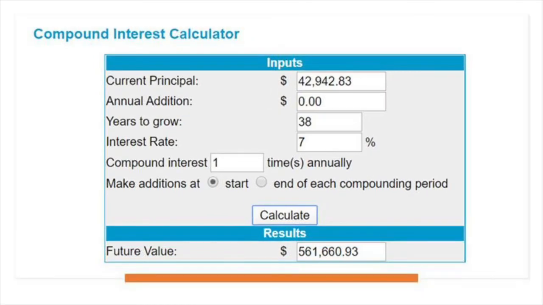What if they then just left the $42,000 at age 27 in the account, making 7% rate of return until age 65 and never again added to it? It would grow to $561,660.93. So yeah, getting your personal finances in gear to be able to invest in your kids' college is something you have to do. It's going to set them up for success forever in their life.